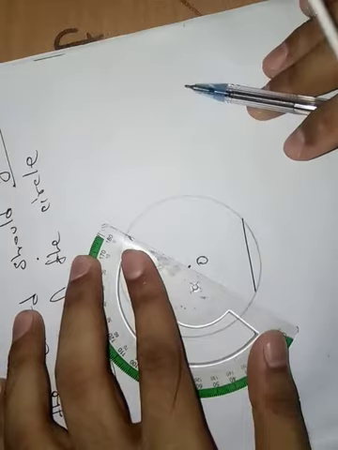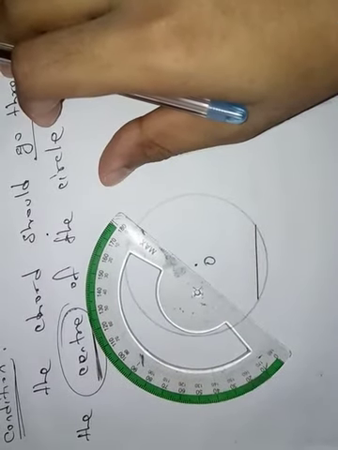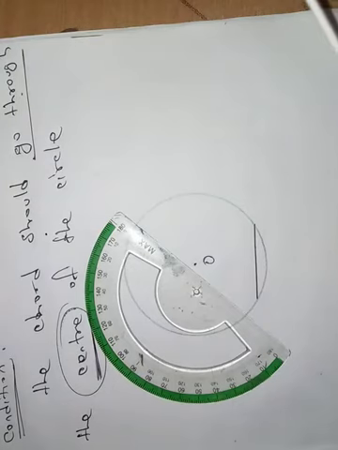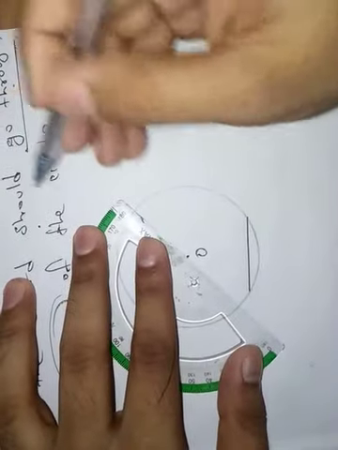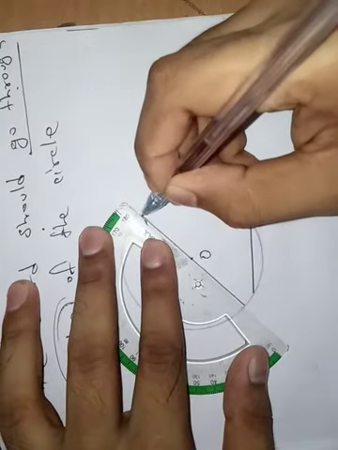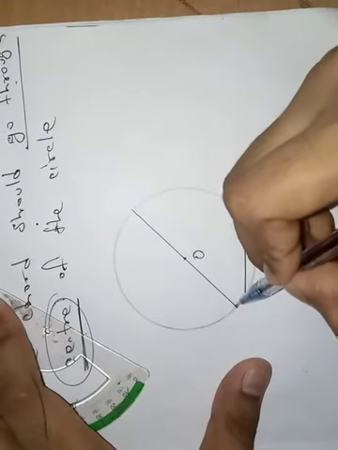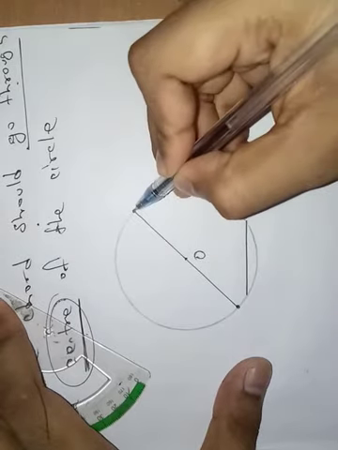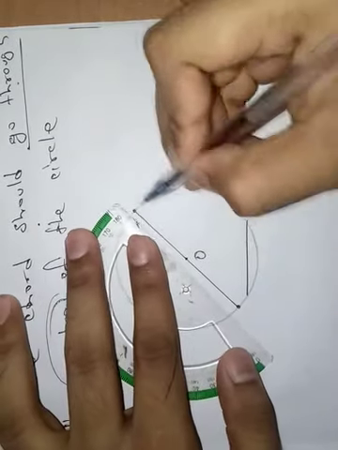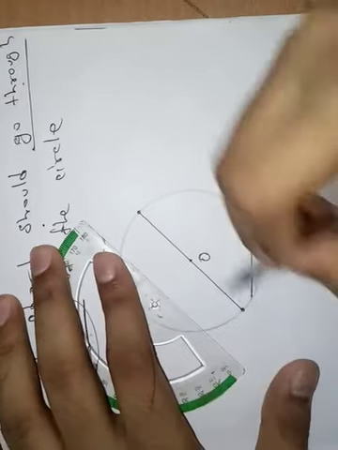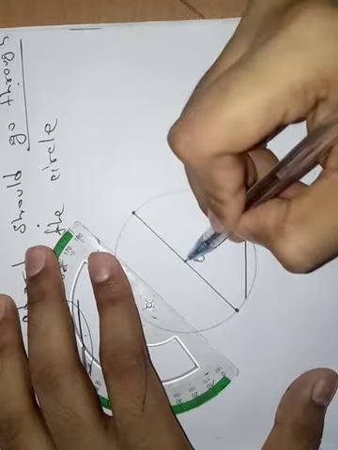But now if I join two moving points of a circle in such a way that the joining line goes through the center, we see that the joining line is going through the center.